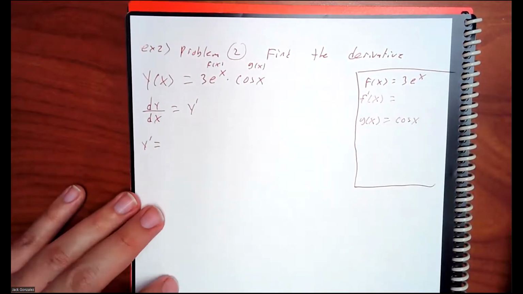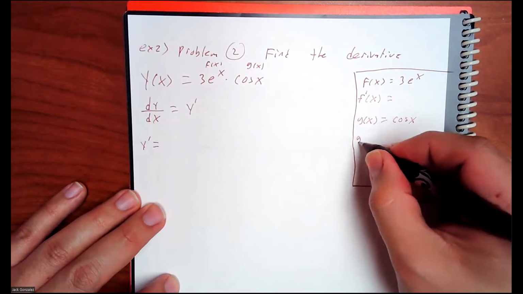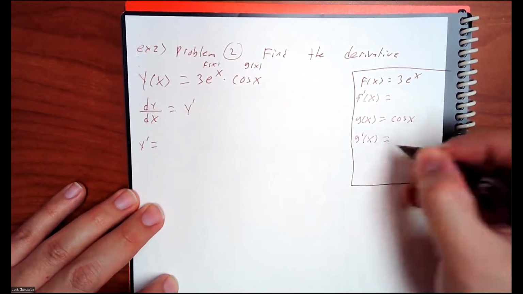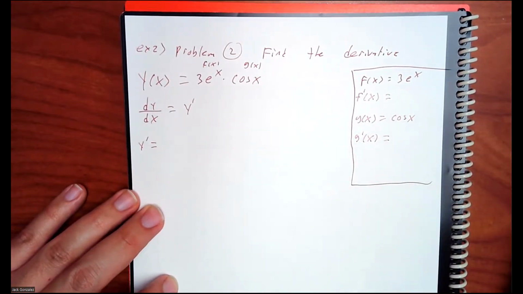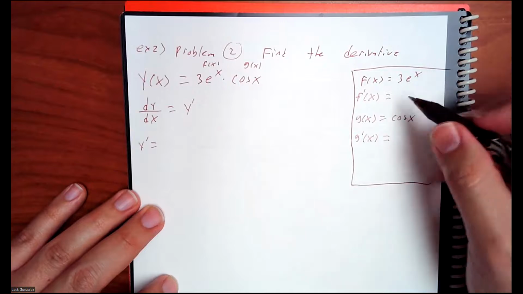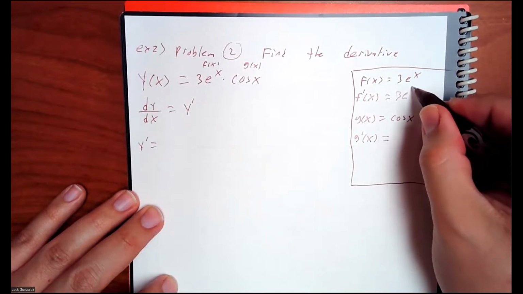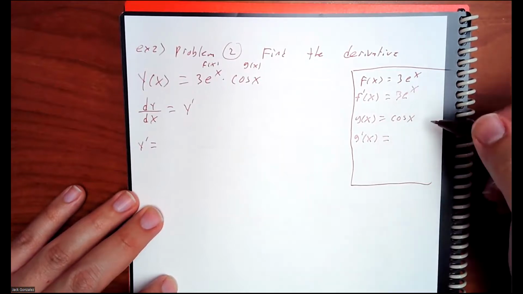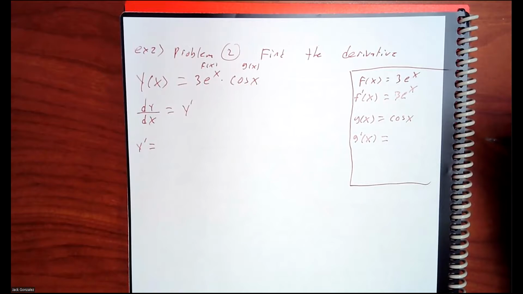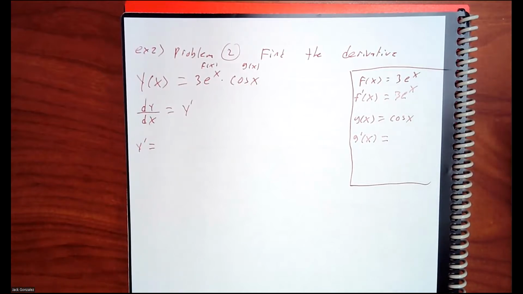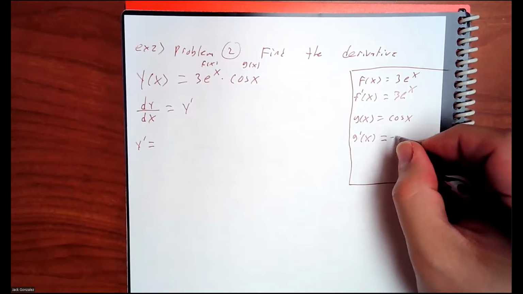So what is the derivative of 3e to the x? What was the rule? Yeah, it stays the same, right? What is the derivative of cosine? Minus sine x.